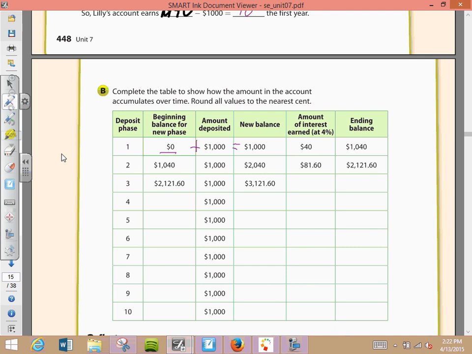You get 40. And then you add it to the principal right here, and you get that. Now you grab the ending balance and start over again. Do exactly the same thing. You have this because you're adding $1,000 every year. Now you have 2,040. You're going to do the equation with this one, not with the principal anymore. You add that, and you get that one over there.